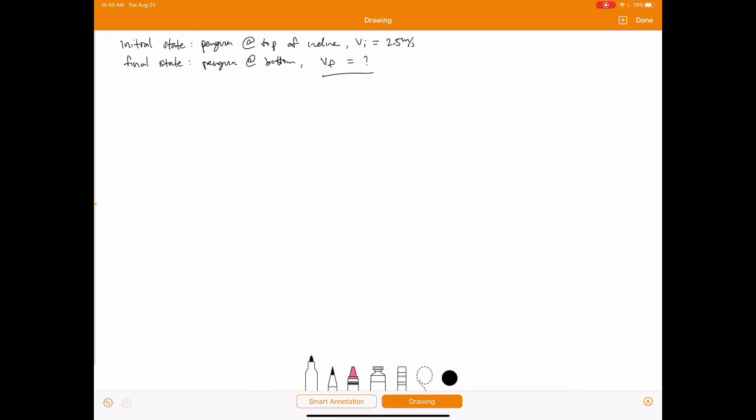Okay, so what types of energy are we dealing with? Well, the penguin has kinetic energy, so that's going to be given by 1/2 mv squared. And there will also be gravitational potential energy because gravity will be acting on the penguin as the penguin slides down the incline. But we also now need to think about non-conservative forces that are doing work.